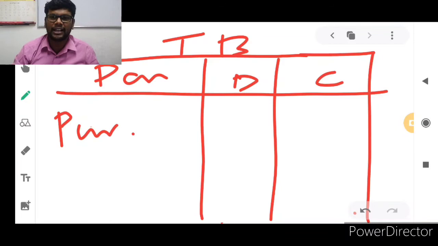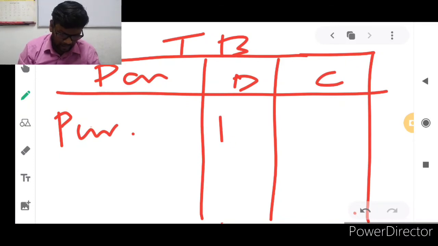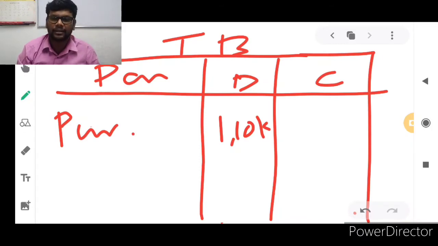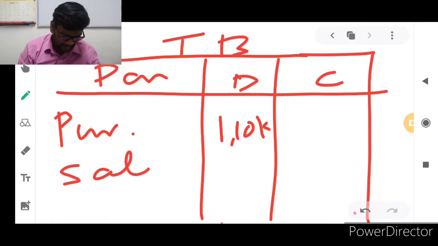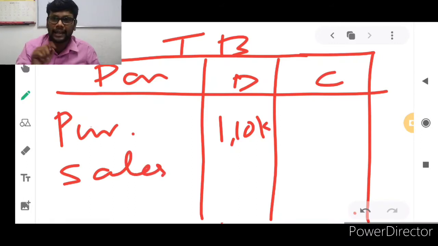For example only, I am giving this for your better understanding. The actual amount that should be entered in purchases, the debit side of this trial balance, is only 1 lakh rupees. Instead of writing 1 lakh, I have written 1 lakh and 10,000 rupees. At the same time, here sales return is only 90,000. Instead of writing 90,000, I wrote 80,000.